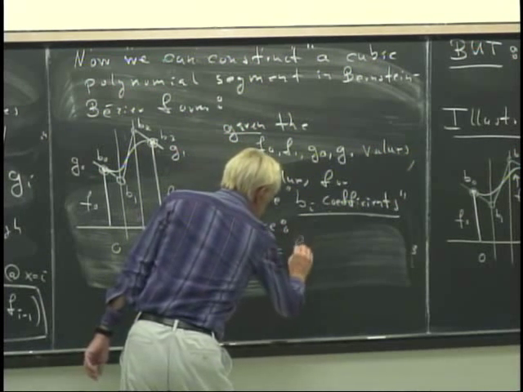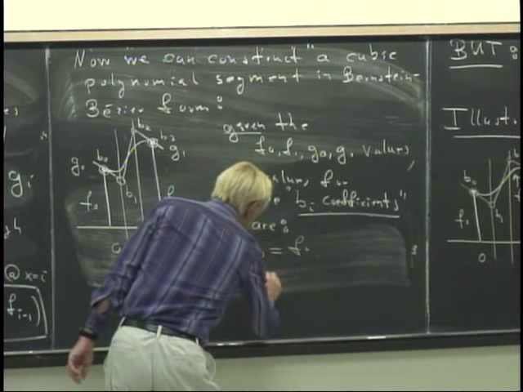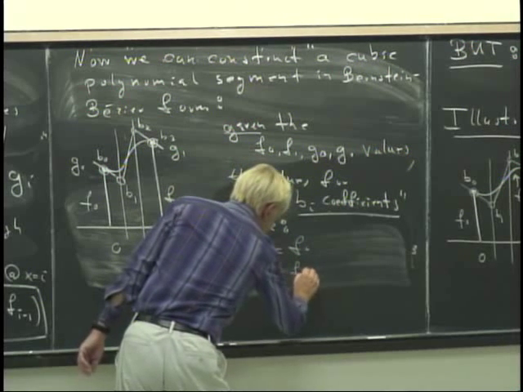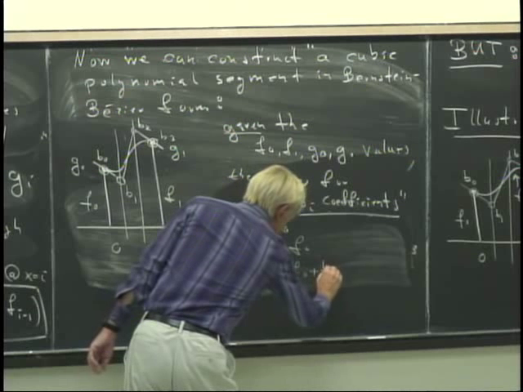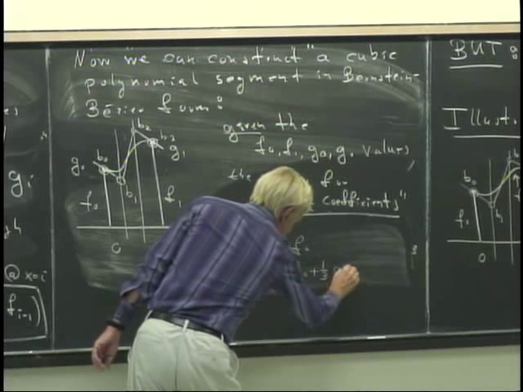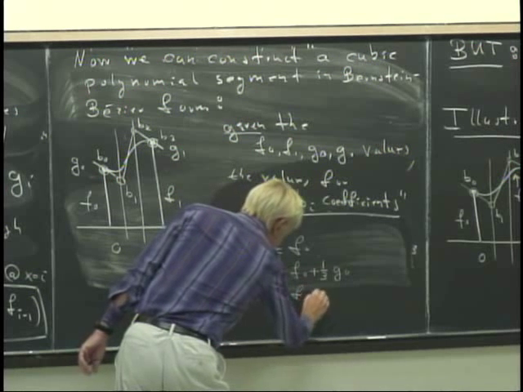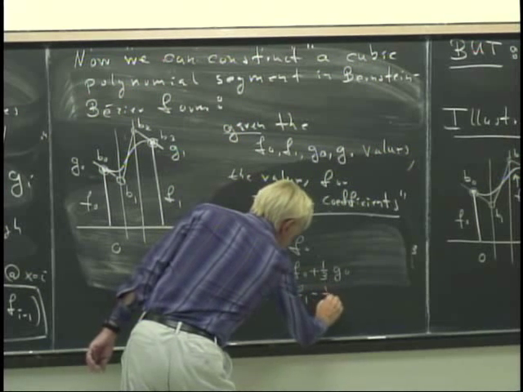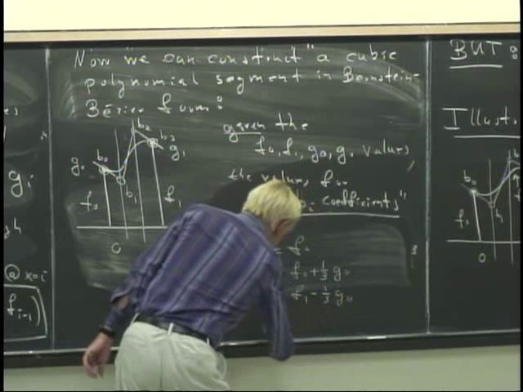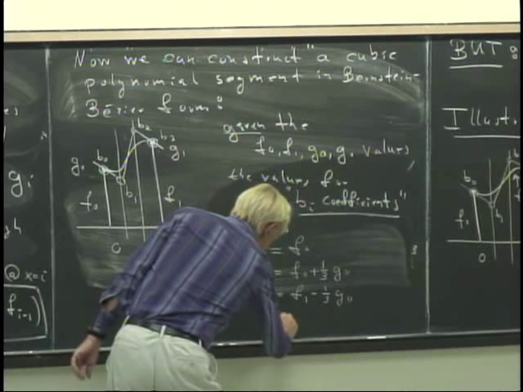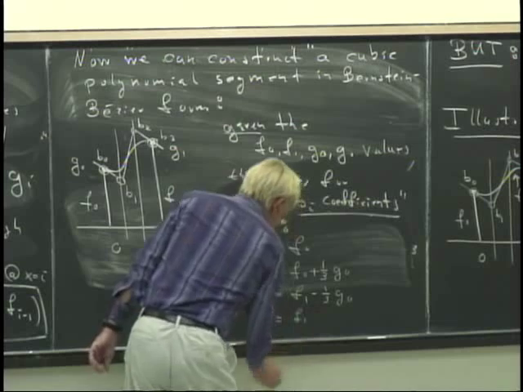B0 equals F0, B1 equals F0 plus 1/3 times gradient 0. B2 equals F1 minus 1/3 G0, and B3 equals F1, and that's it.